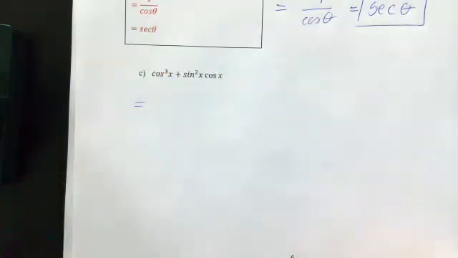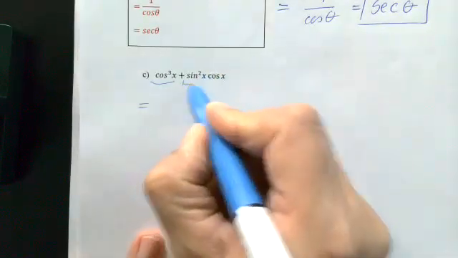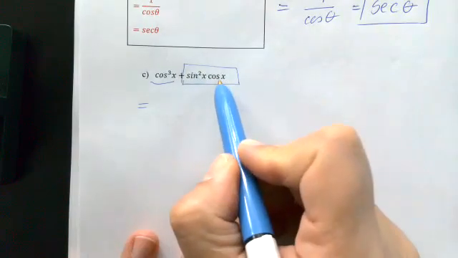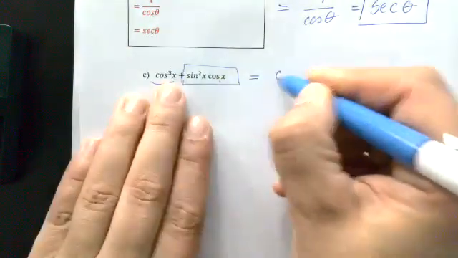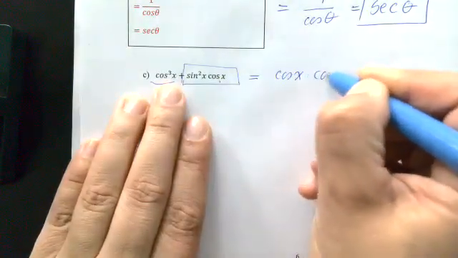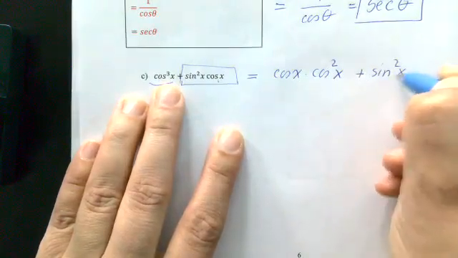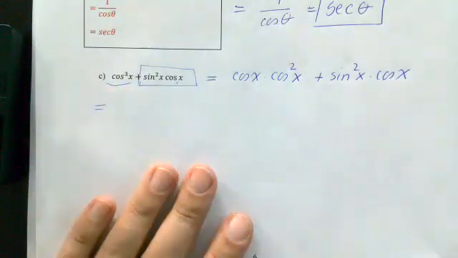So the only option now is to go backwards and factor some things out if it's possible. Now you have cos cubed here, and in the next term you also have a factor of cosine, right? So basically, you can rewrite that as cos of x times cos squared x plus sine squared x times cos x. And that way you can see the factors individually, right?